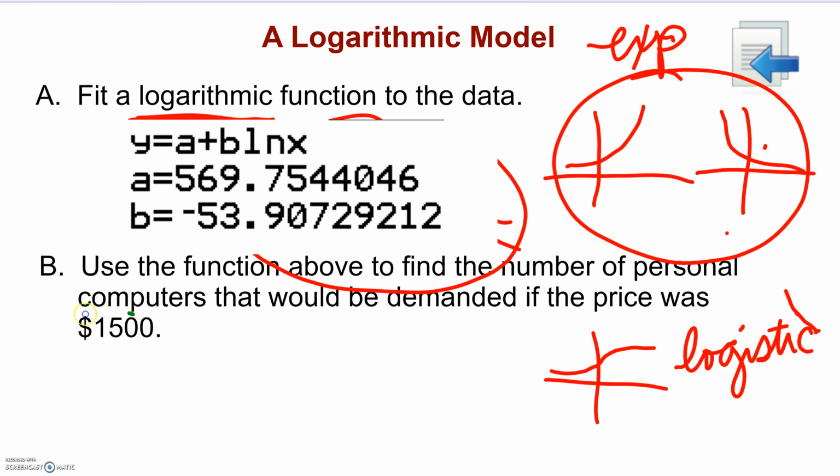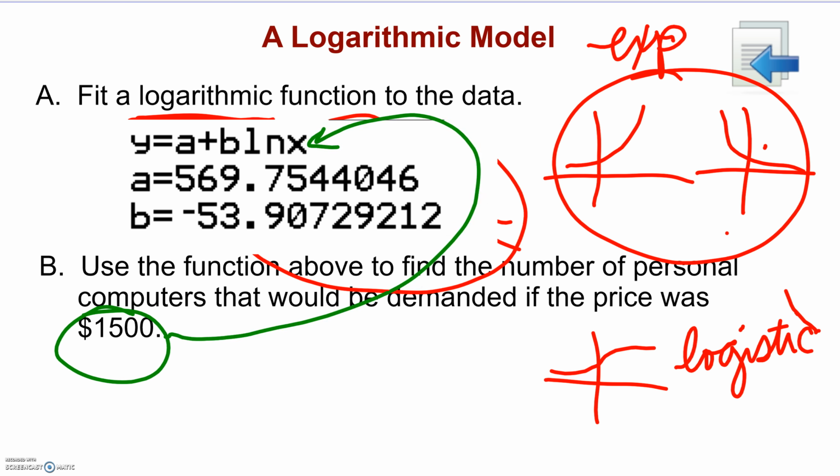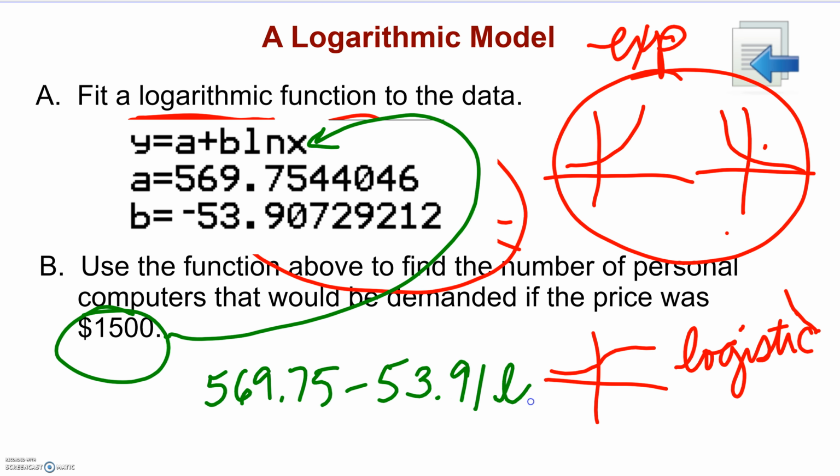So I'm going to take this 1,500 and I'm going to plug it in right here into the equation for X. So I'm going to be taking that 569.75 minus 53.91 times the natural log of 1,500. And that should give me the result that I'm looking for.